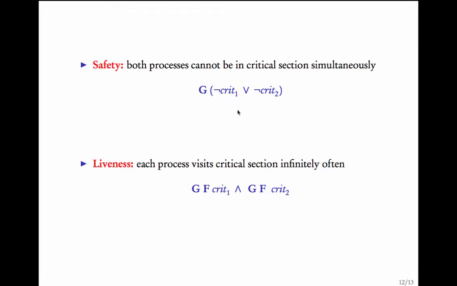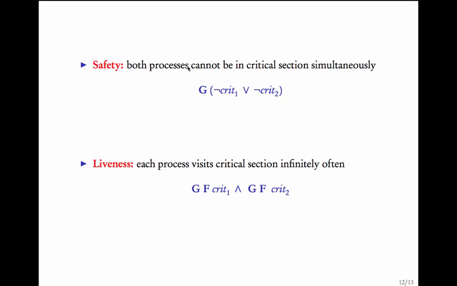Let's write some properties. Safety property. Both processes cannot be in critical section simultaneously. This means that always either not of crit1 is true or not of crit2 is true. Okay?